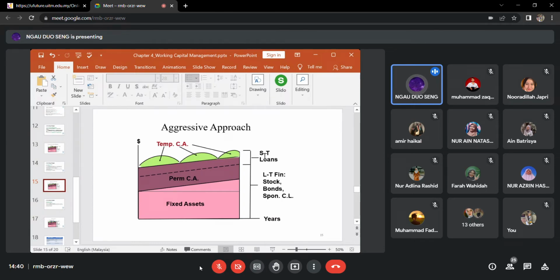This one uses permanent current assets carrier, which supposedly, if using the matching approach, should use long term financing, but they are using short term.